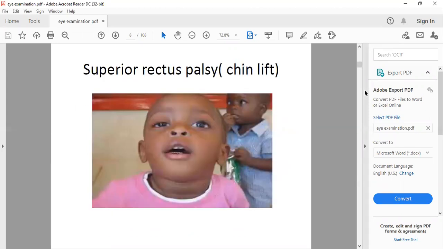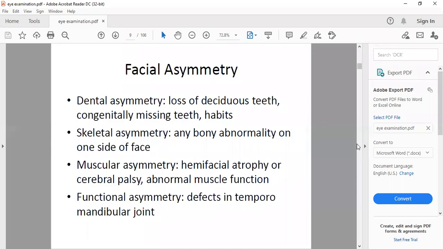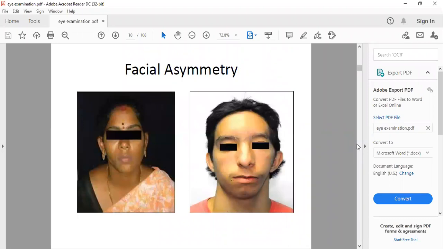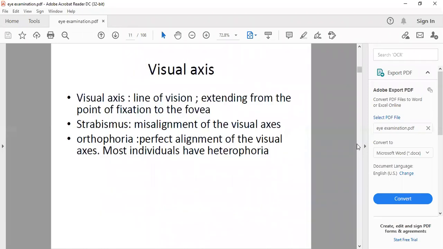And then in superior rectus palsy, and in patients with congenital ptosis also, the chin gets elevated. This is because the child has elevated his chin to see clearly. So these are some of the examples of abnormal head posture, right?